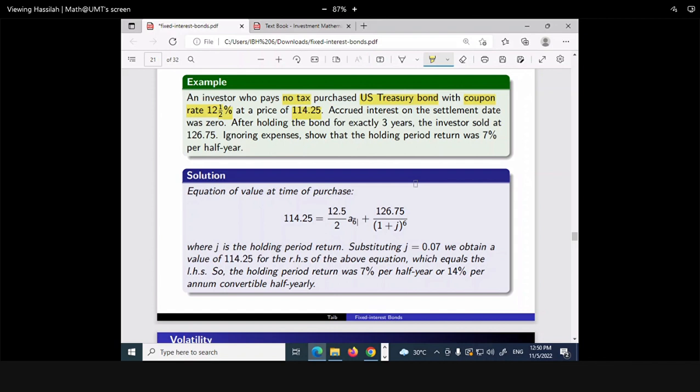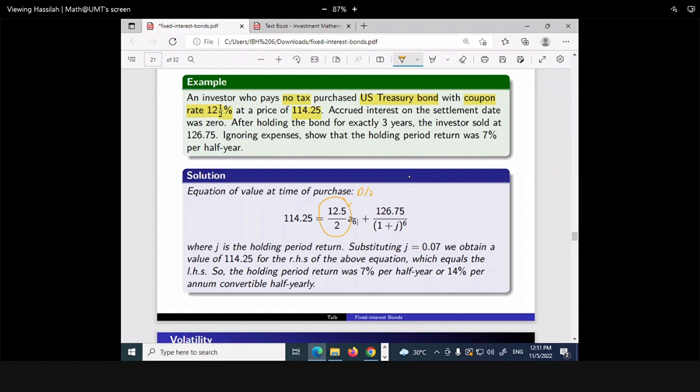Jadi bila coupon rate dia adalah 12.5%, 12.5% daripada 100 adalah 12.50. Jangan lupa dia mesti bahagi dengan 2. This is D per 2, at price of 114.25. So this is dia punya price.